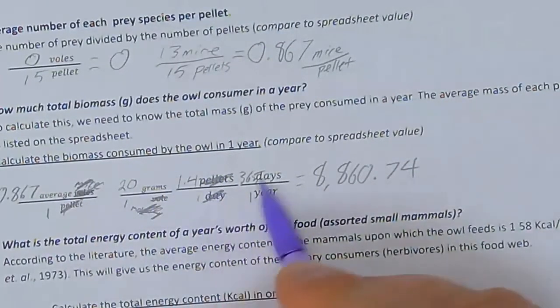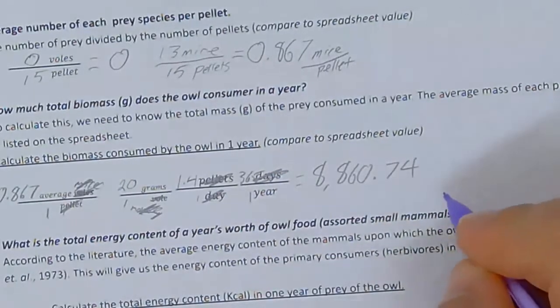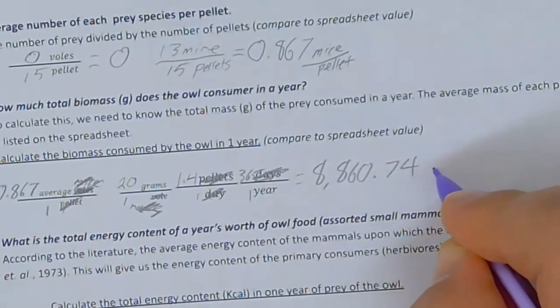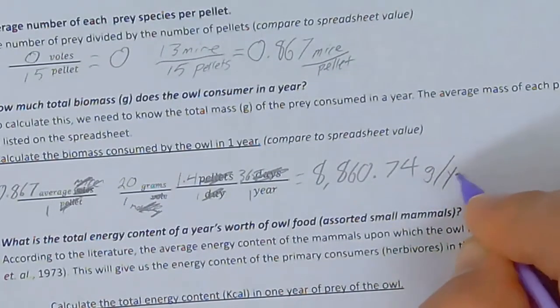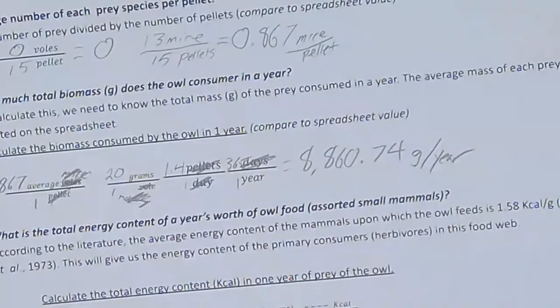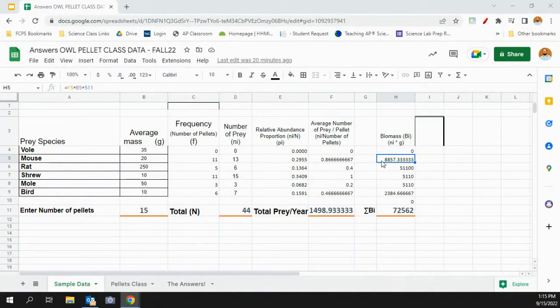We have grams and days. So now we have 8,860.74 grams per year. And if you look here, that is the same setup I have here. I'm very close, slightly off for a rounding error, but not far off. And this is my formula here. This number times this number, that's the grams, times 511. 511 comes from 1.4 times 365.